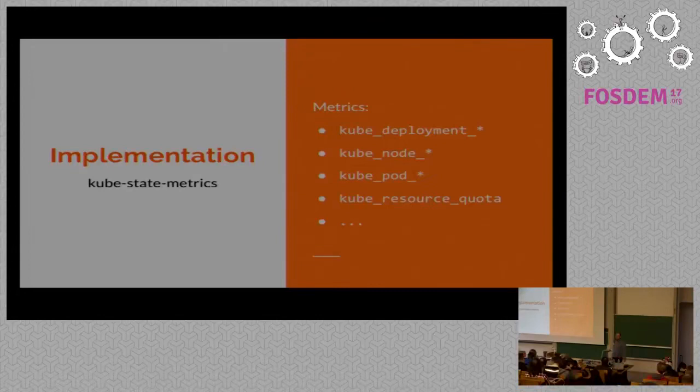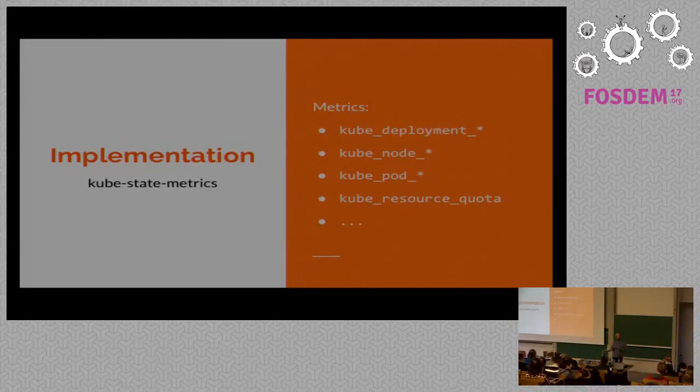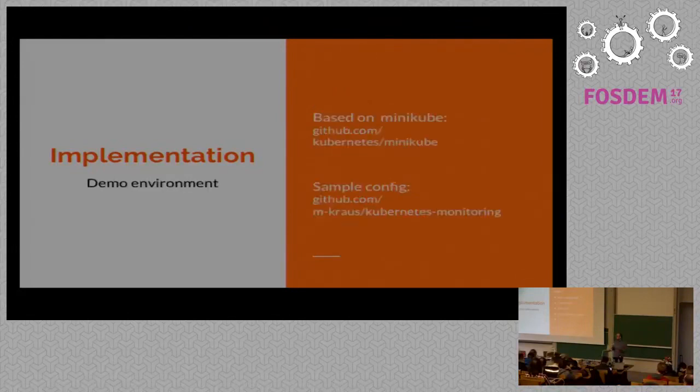So now we have three types of ingestion. Kubernetes service discovery itself, the node exporters for the node metrics of the cluster nodes, and the kube-state-metrics. In a little demo environment here, I can show you these metrics. This demo environment is based on Minikube.